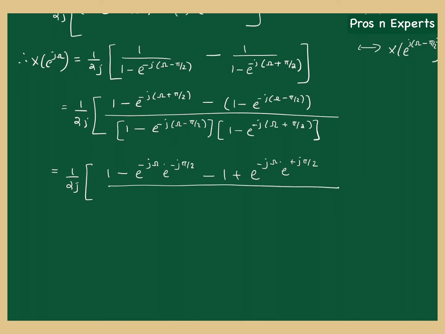Whole divided by, now I am multiplying this term and this term, so this becomes 1 minus e raised to minus j omega.